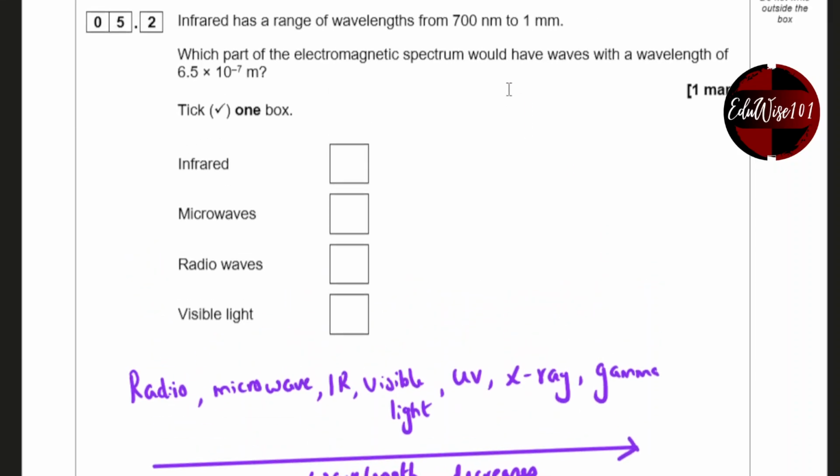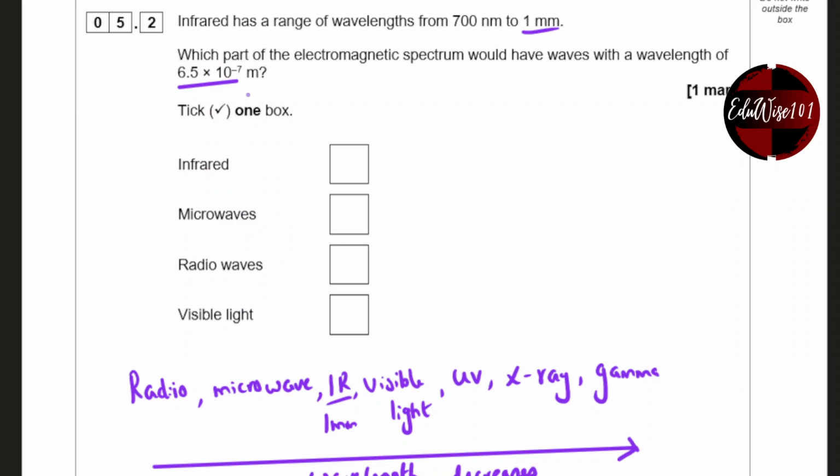So what have they actually given us? The infrared has a wavelength of 700 nanometers to 1 millimeter. Now, which part of the electromagnetic spectrum would have waves with a wavelength of 6.5 times 10 to the power minus 7 meter?